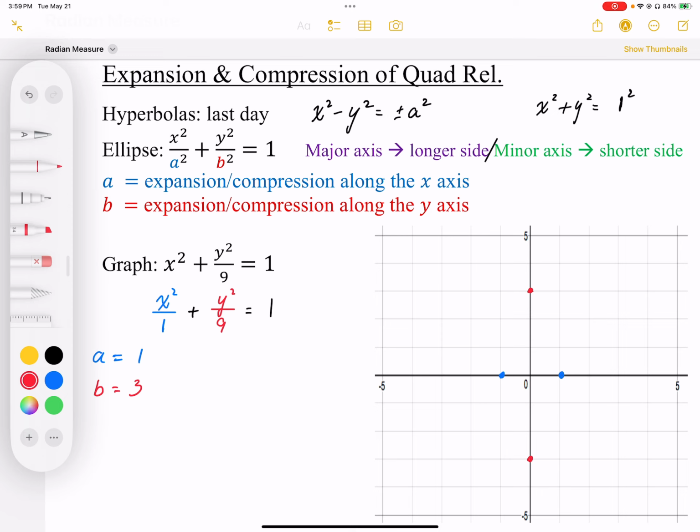So then sketching this, I can just connect those, the vertices. Okay, so that gives us the ellipse that has that shape.